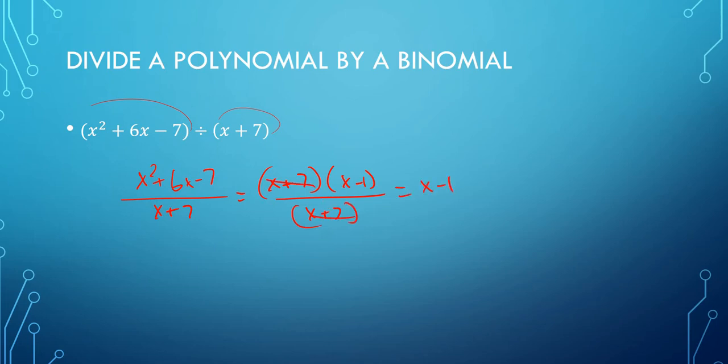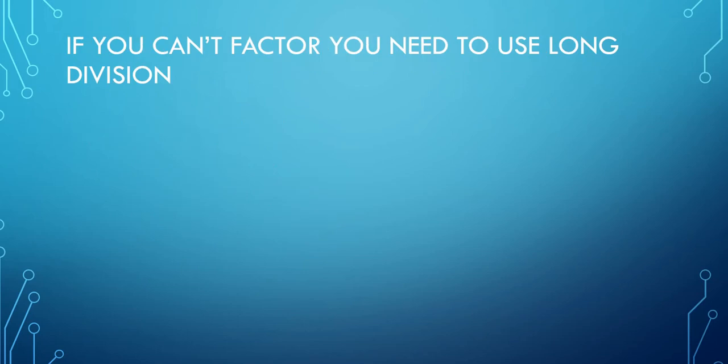That works great if I can factor the top and cancel it with the bottom. I can do my division problem just like I did when I was asked to simplify a rational. But let's look at what happens if factoring doesn't work. If you can't factor, you need to use long division.